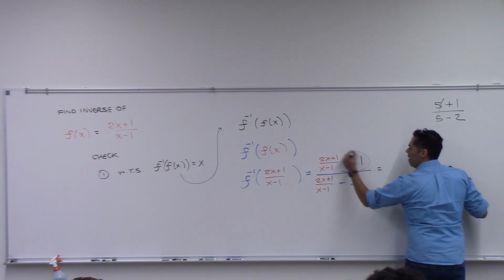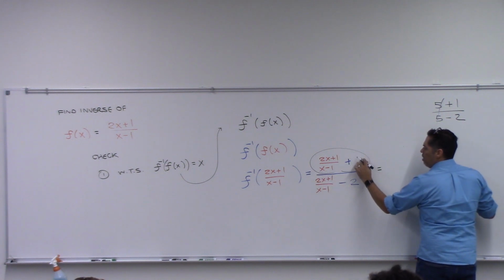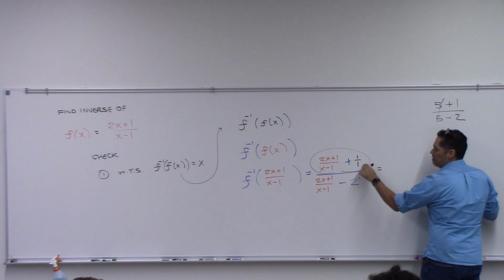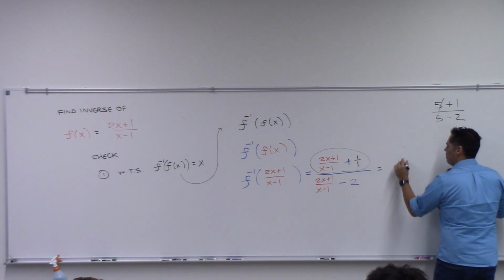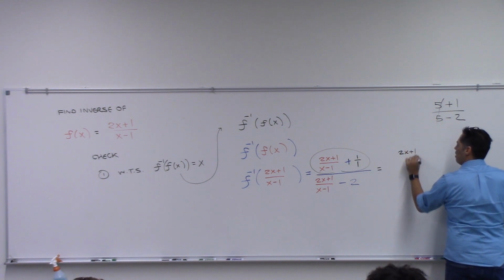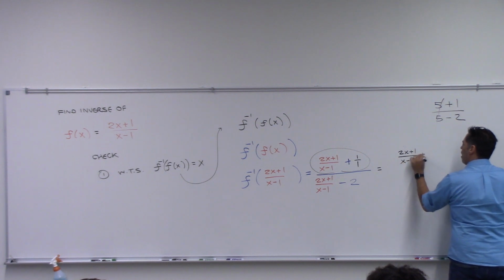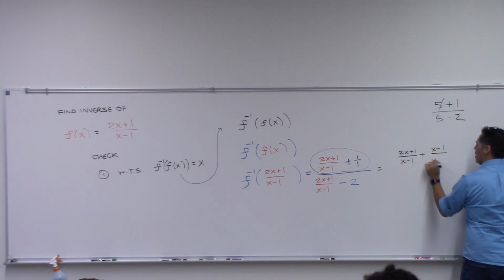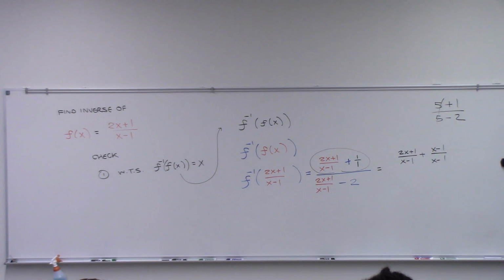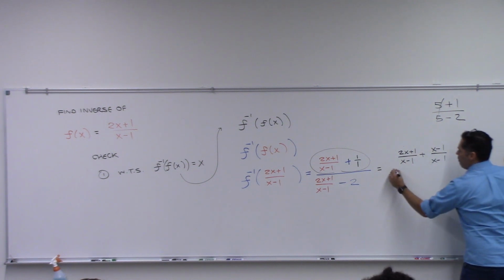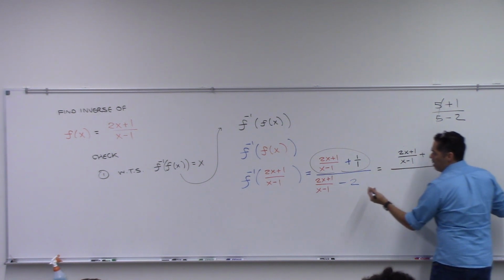If I put those together, then this 1 over 1 that was here, I'm going to have to put what on the top and bottom? x minus 1. So I'll have 2x plus 1 over x minus 1 plus x minus 1 over x minus 1. All right, over. We got to do the bottom too, right?